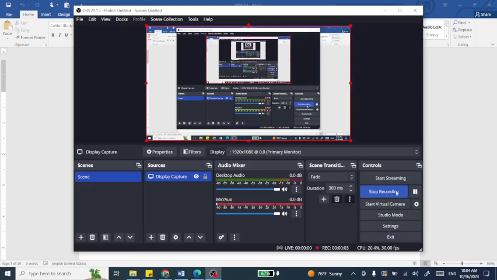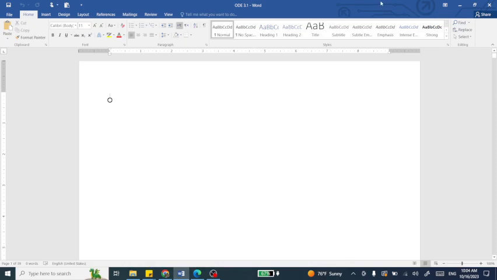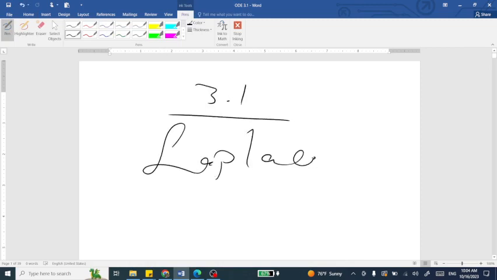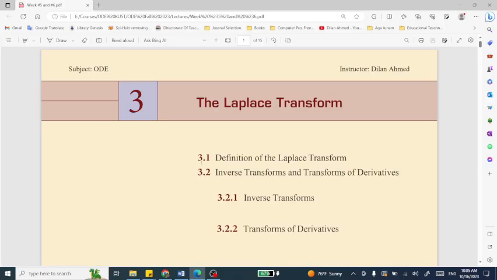Today we are going to talk about chapter 3, new things here. We have 3.1. We are going to talk about Laplace. Laplace is the function, and the important thing is how to deal with it, how to find it.